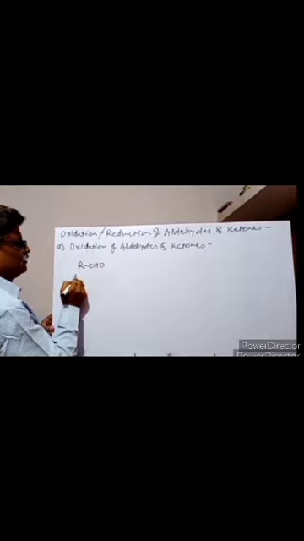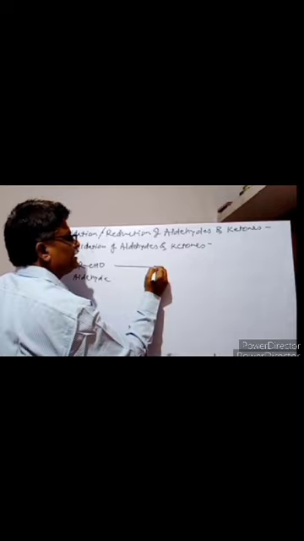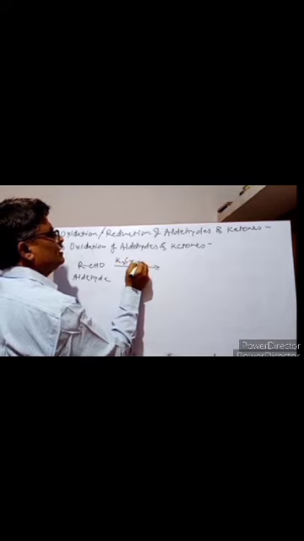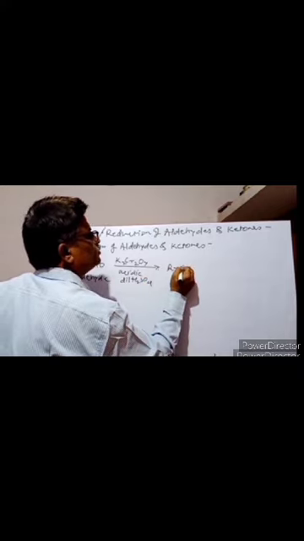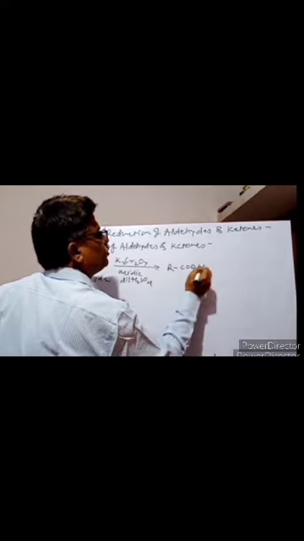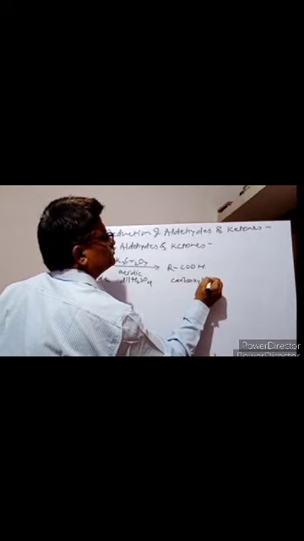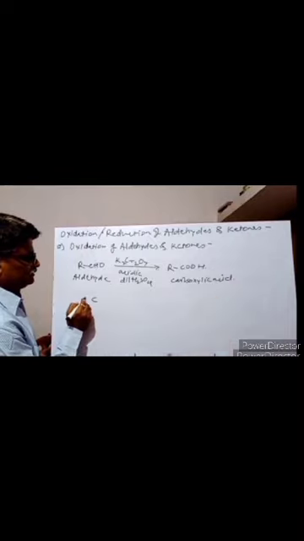RCHO, a general aldehyde, is oxidized by K2Cr2O7, which is acidic, or in presence of dilute H2SO4, converting it into RCOOH. This is our carboxylic acid.